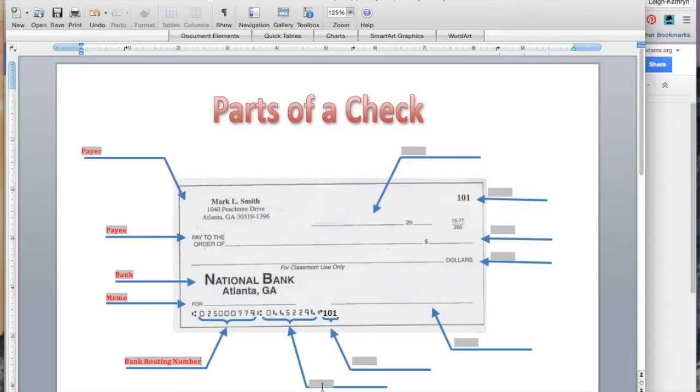The second set of numbers is the payer's, in this case Mark L. Smith. This is Mark's account number, the full account number. So here we're just going to write account number.